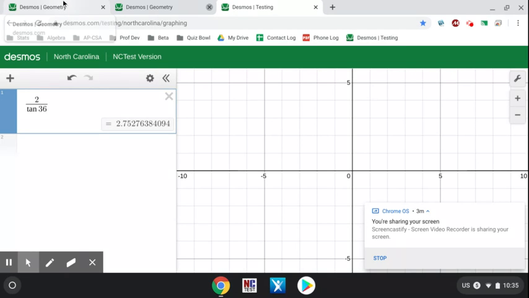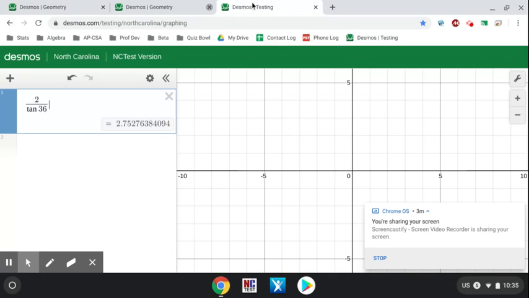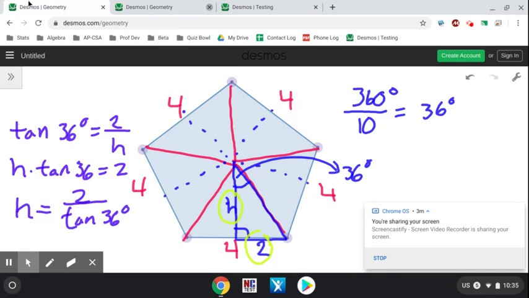Always remember to make sure you are in degree mode. I am this time. I checked it earlier. And check to see if that's a reasonable value. It seems like if this short side was 2, it seems reasonable that my height could be 2.75. So I'm finding my height is 2.75.